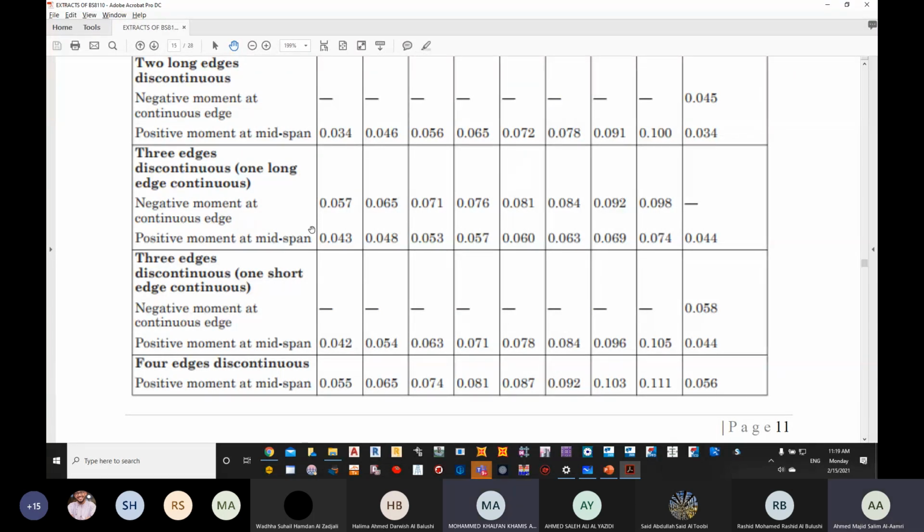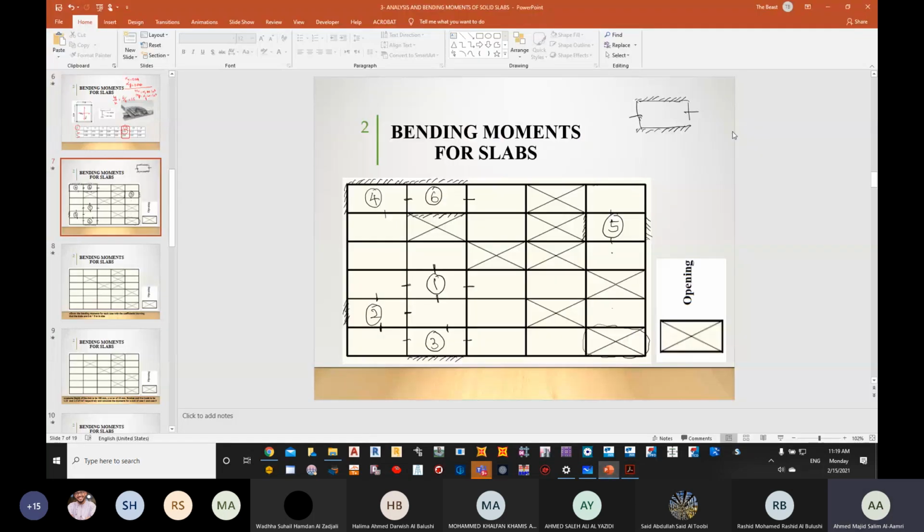Okay. Now going for case number 7. Case number 7 says for you 3 edges are discontinuous. Only one which is continuous. So 3 are closed, 1 is opened only, which is one long. So once again, 3 are discontinuous. Only one is continuous, which is long. Now, can you help me here finding it?